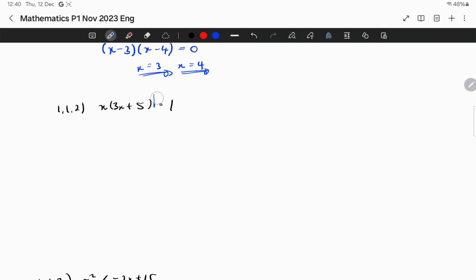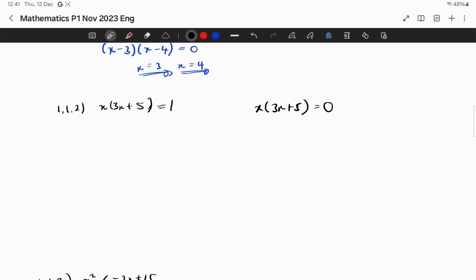If you had a hypothetical case where this was x times 3x plus 5 is equal to 0, then you already have a factored equation, and you have a 0 on the right hand side of the equation.